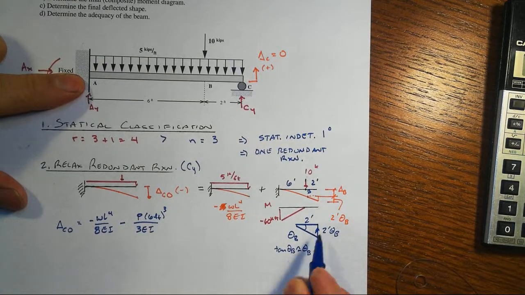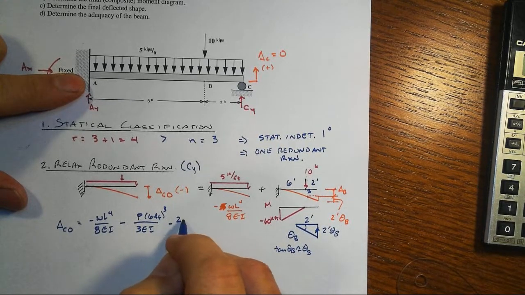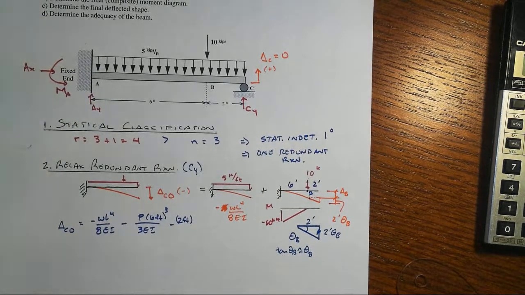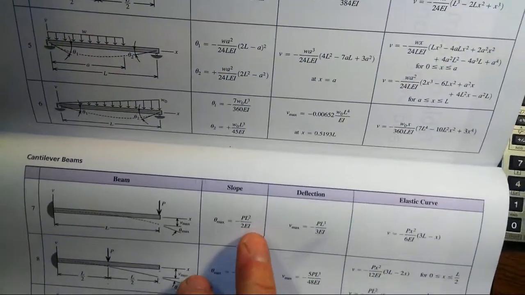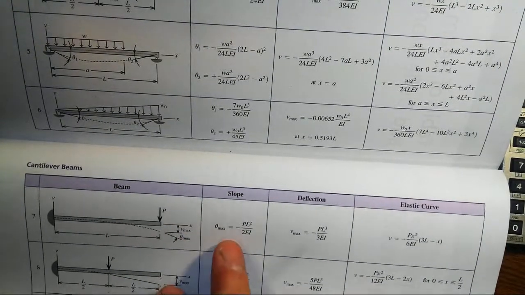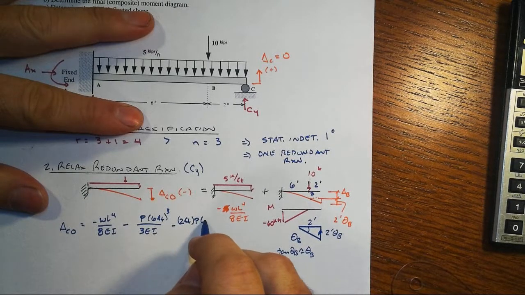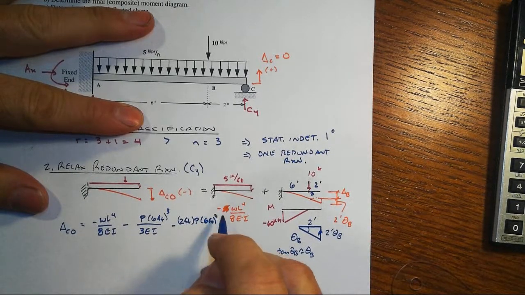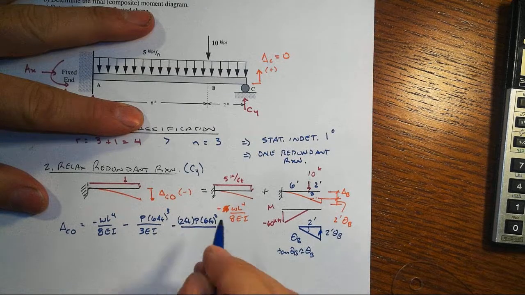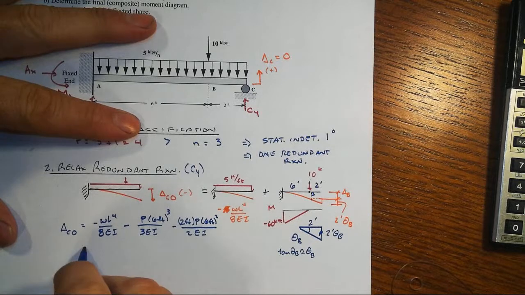And then we need this 2 feet, still going downwards here, times our rotation theta B, and that's where you come back again, you look here, and it's just serendipity that the rotation we want is also the max, and we got this equation already for us, PL squared over 2EI. And again, we have to use the 6 feet for that little portion of the cantilever that we're looking at. PL squared over 2EI. All right, let's get some numbers in here.